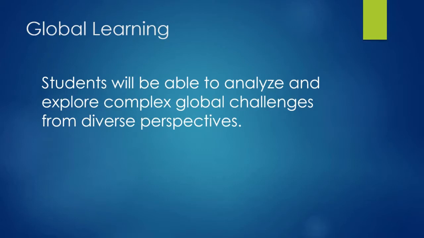And if you take a look at the rubrics, if you get a little bit more detailed, the other 3, the intercultural, the ethical reasoning, and the civic engagement, all 3 of those concepts are represented in the global learning rubric.